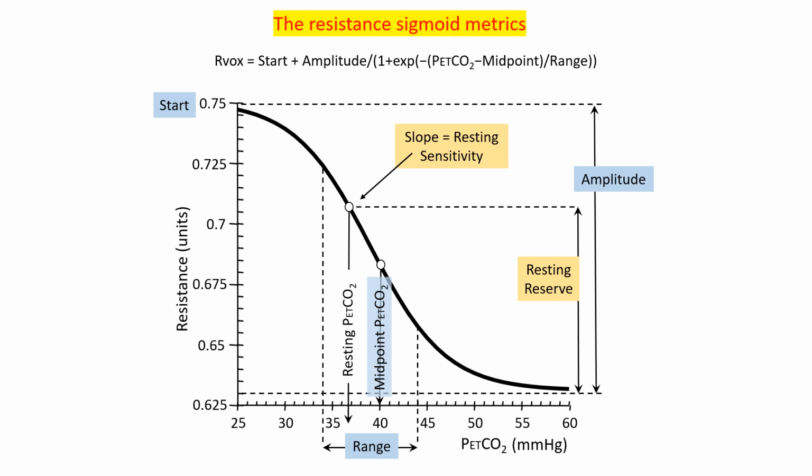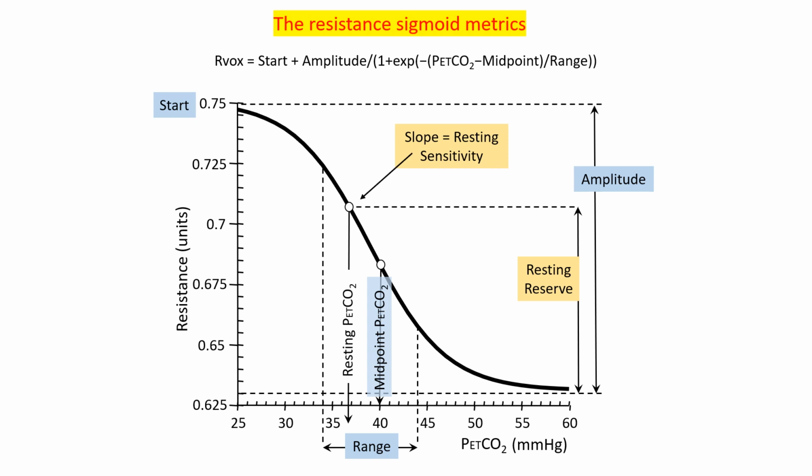By making the reference resistance response to carbon dioxide the same for all observed voxel BOLD signal responses to CO2, the resistance sigmoid pattern of variation with carbon dioxide can be compared between voxels because it is entirely determined by the measured BOLD response to carbon dioxide.